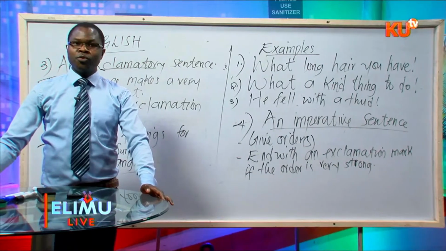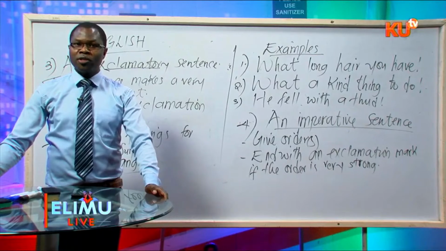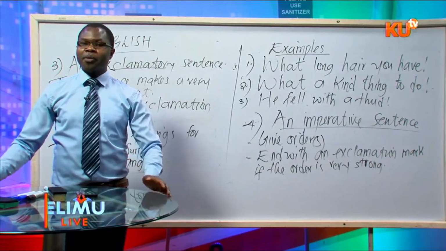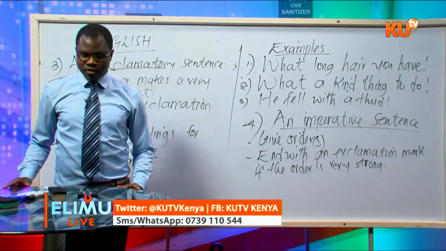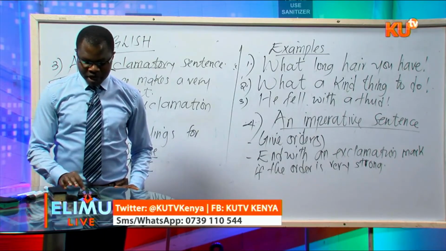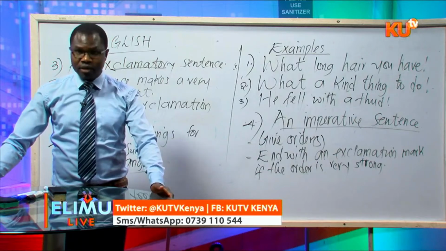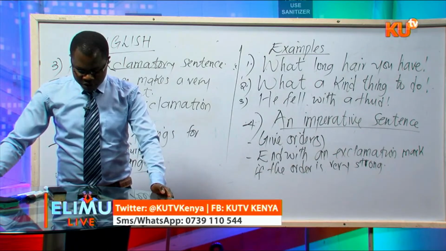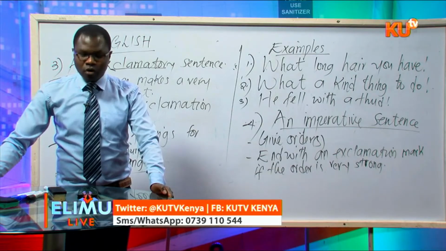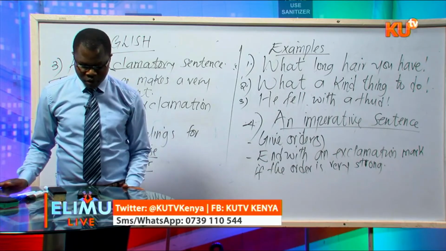They are used to express emotions, either of anger or surprise. Then the last one is an imperative sentence, and we have said that this sentence is used to give orders, and I'm going to give examples.